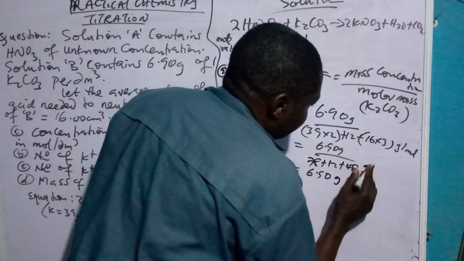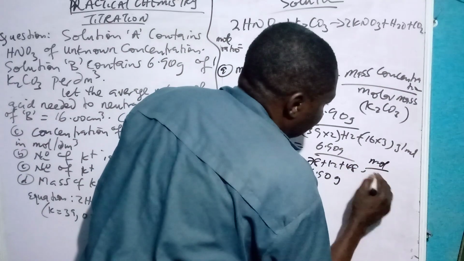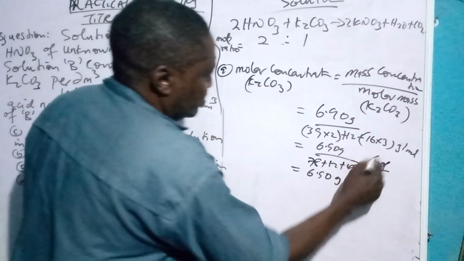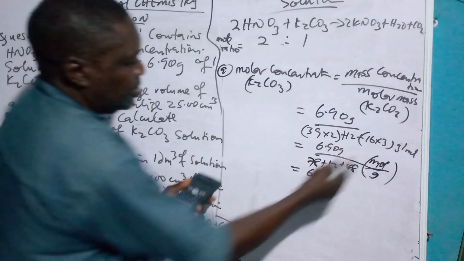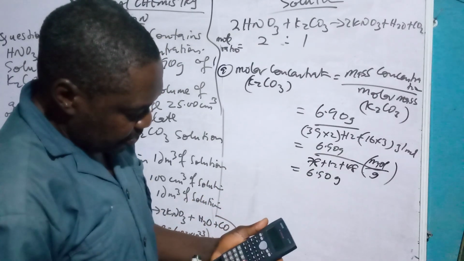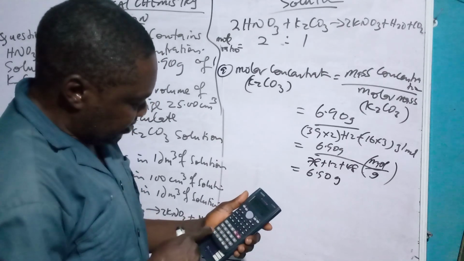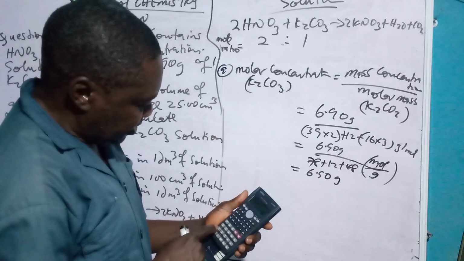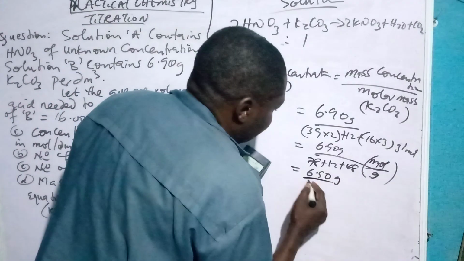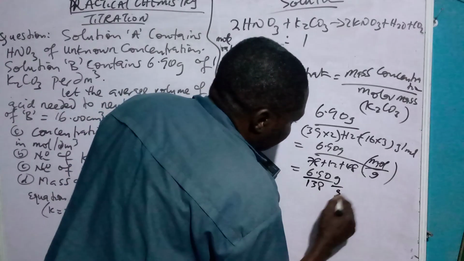This gram per mole, because it's dividing, it now becomes mole over gram, it has to be inverse. So you have 6.90 gram over 138 gram per mole, times mole over gram.